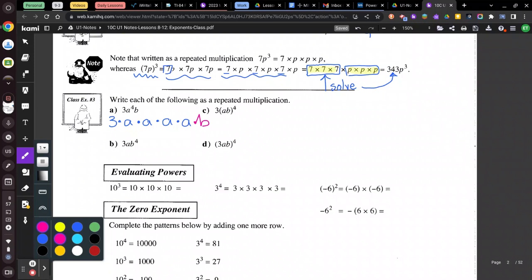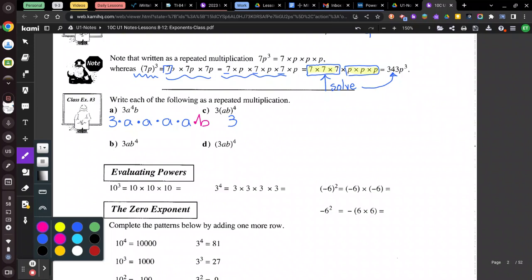All right, how is C different? How is letter C different? We're going to go straight across. How is C different? Because if something is in brackets, that means each of them, like that 4 affects both the A and the B. You're exactly right. So our 3 stays 3. The 4 is not attached to the 3. So the 3 is by itself. There's only one of them. But as Keegan said, the A and B, there are 4 of them.